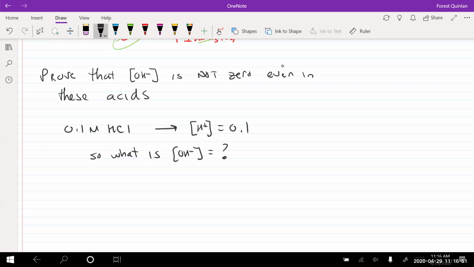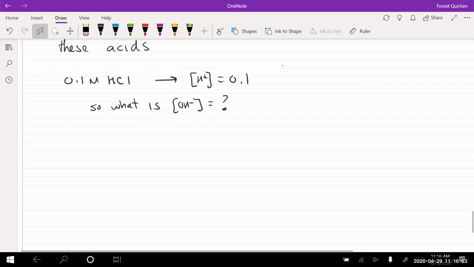Right, what is that? We're going to go up to that equation. We know that the concentration of H plus times the concentration of OH minus is equal to 1 times 10 to the minus 14. We just know that.